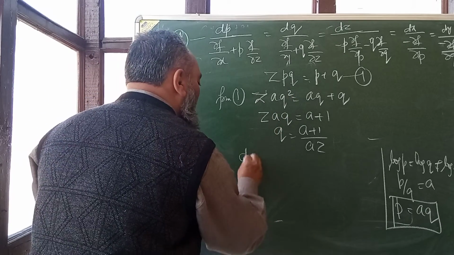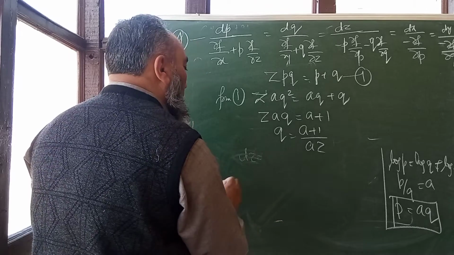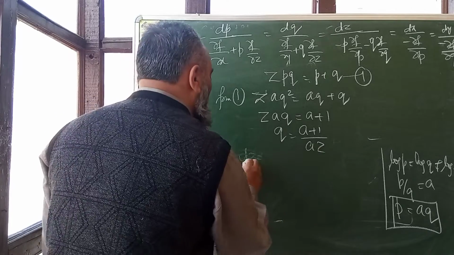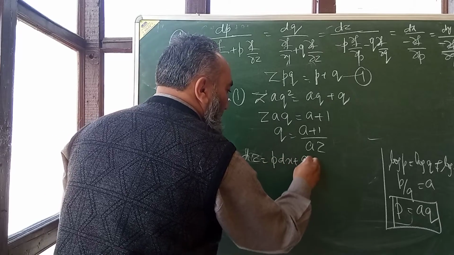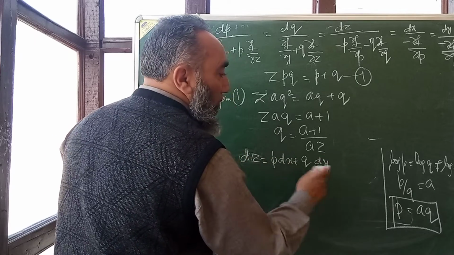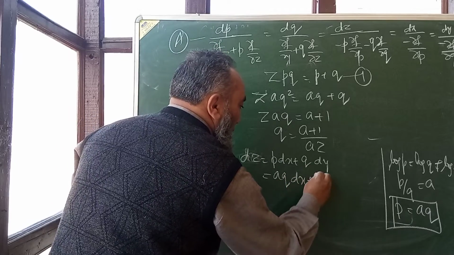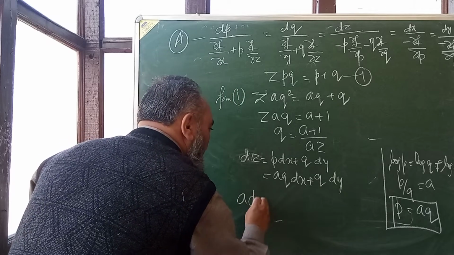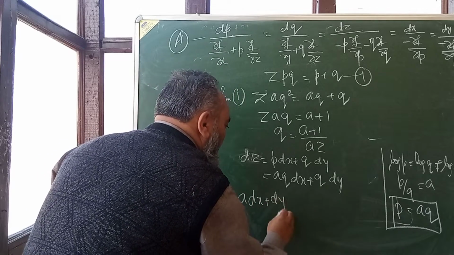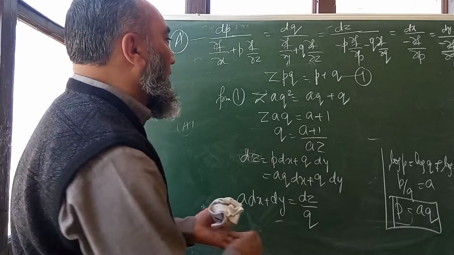Now dz equals p dx plus q dy. What is p? p is aq. So aq dx plus q dy, or you have a dx plus dy equals dz by q. And you know your q is a function of z.